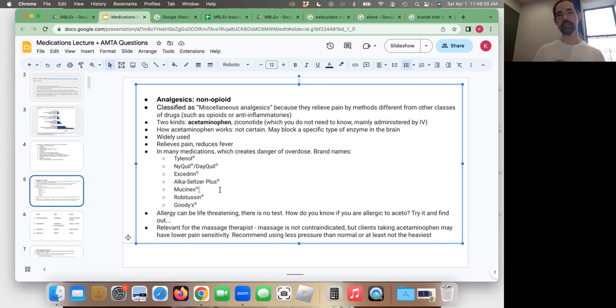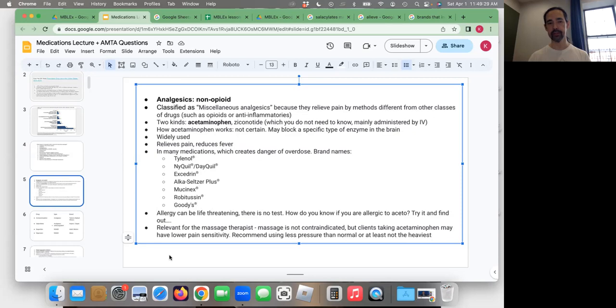It's a good idea to just take out your phone and type in the brand name of what they're taking, or type in the medication they're taking and see if they're doubling up on pain relievers, and just tell them, look, go talk to your doctor, call your doctor or call your health insurance and see if you can talk to a nurse through your health insurance today. Let them know that you're taking both of these medications because they contain the same analgesic, the same pain reliever, and that can lead to overdose or toxicity.